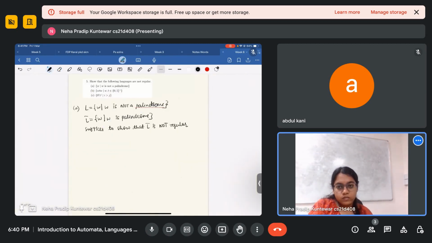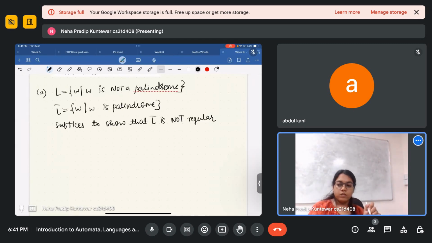Okay, so let's look at how to show that L complement is a non-regular language. So what does L complement look like?